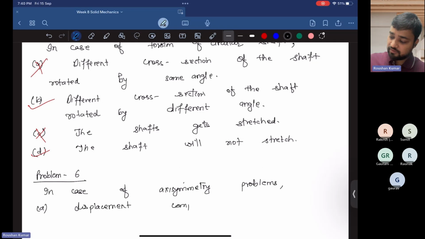The second option, displacement component independent of theta.